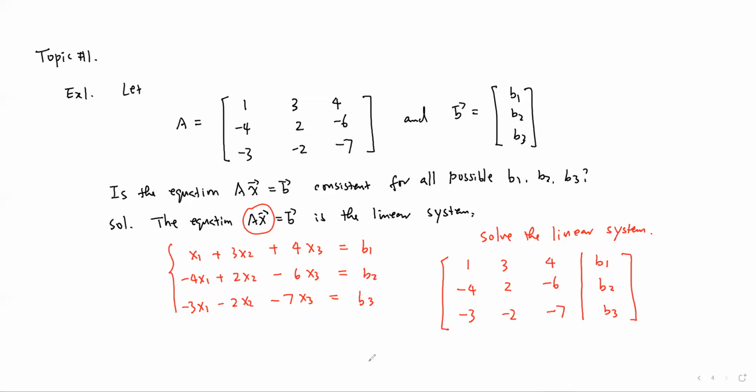Okay, then let me write my solution on a new page. I perform a sequence of row operations. I skip the detail, so I use this tilde notation to skip the detail. Tilde means this matrix is reduced by a sequence of row operations. Then I get echelon form.